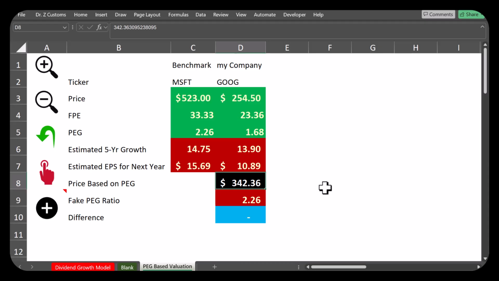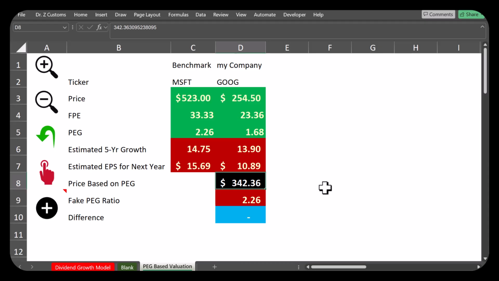If I give you a choice, you're going to buy one of these stocks and short the other. So you're going to either buy Google, short Microsoft, or buy Microsoft, short Google. Based on this, which one would you buy? Google right now is 254, okay?